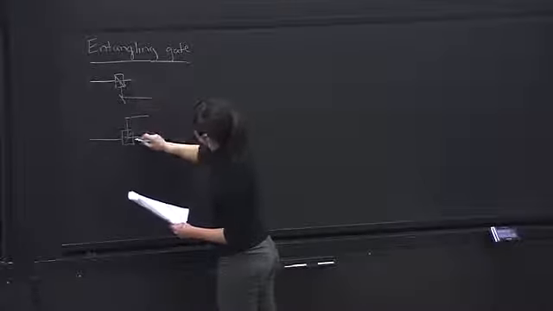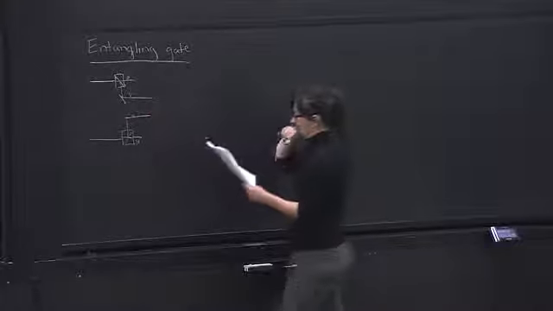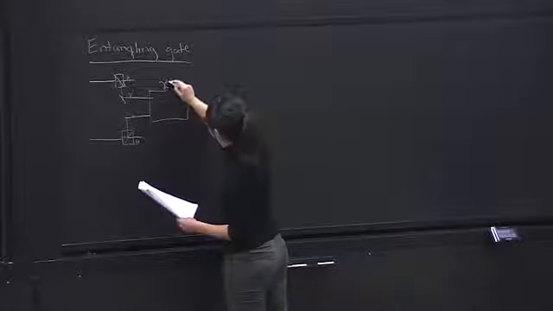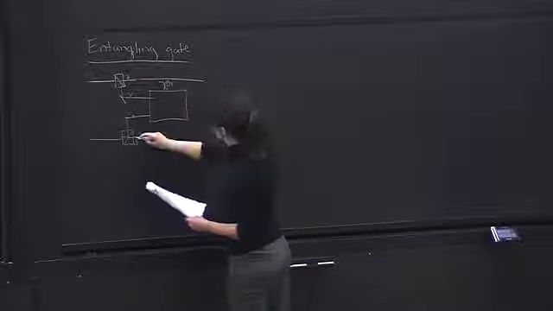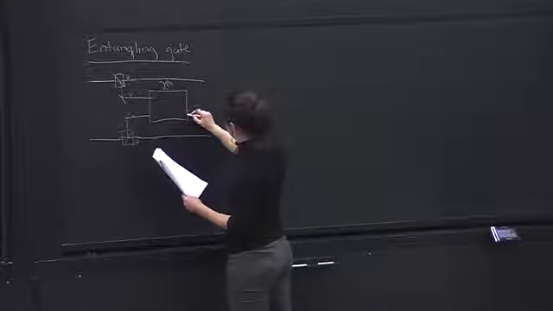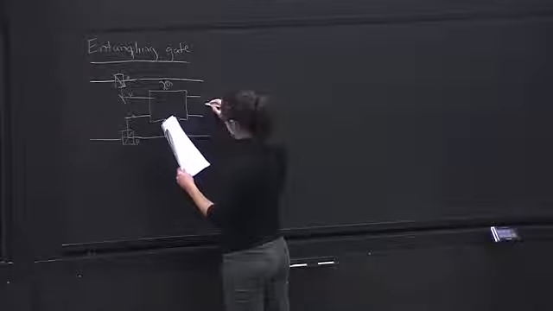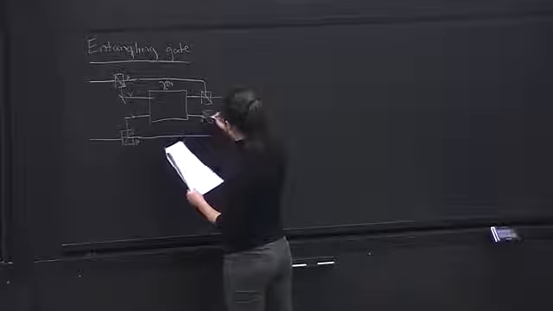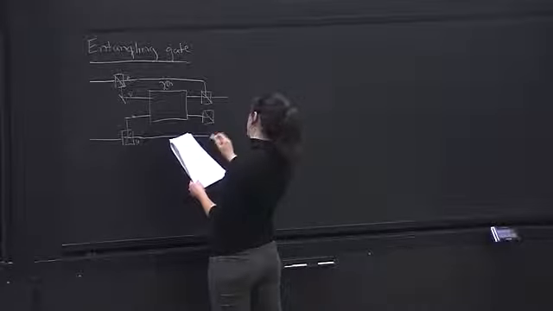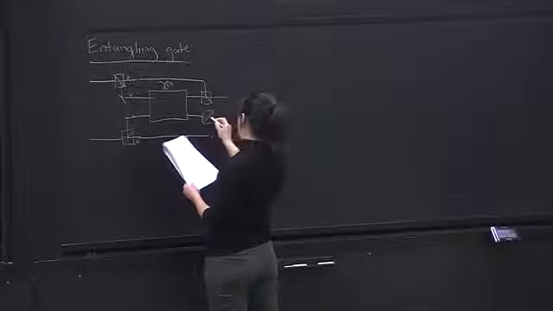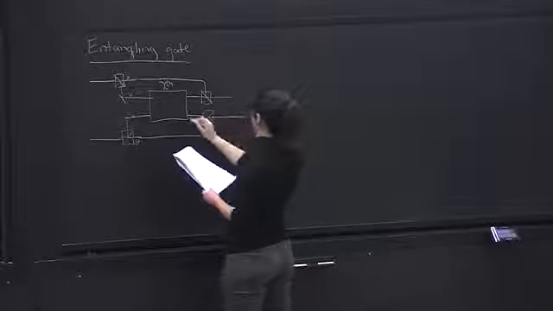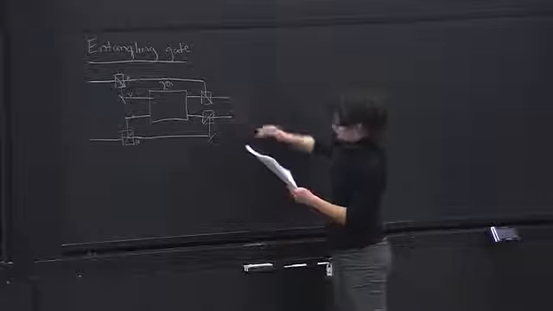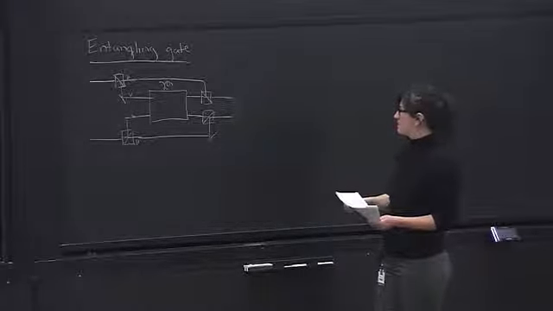So let's say that's H and that's V. And then we're going to send these things through one of these Chi3 crystals. Okay.